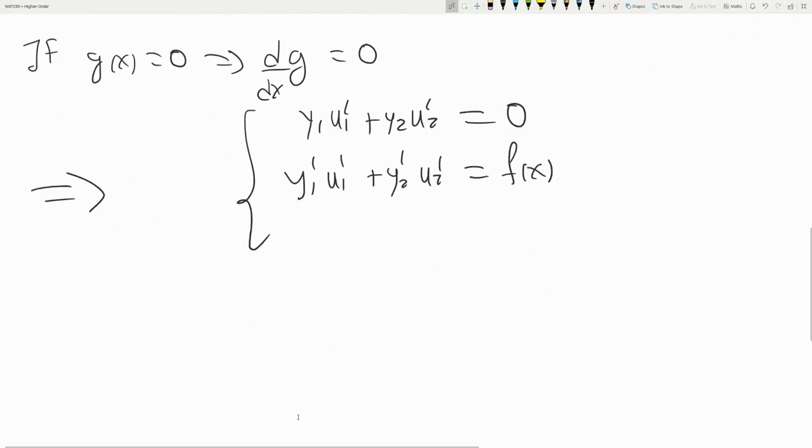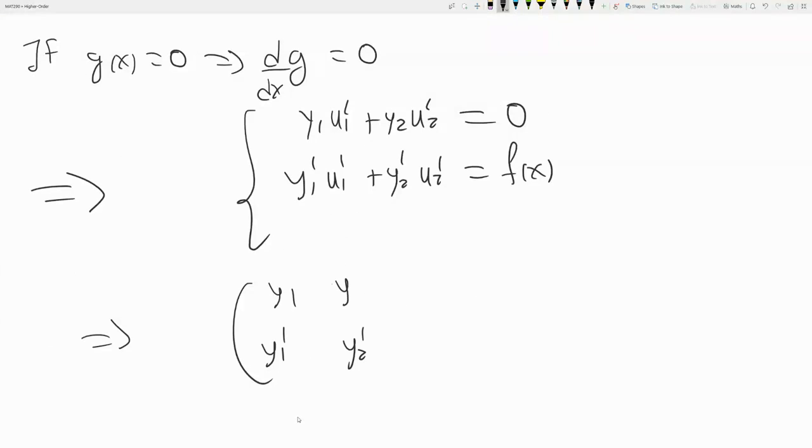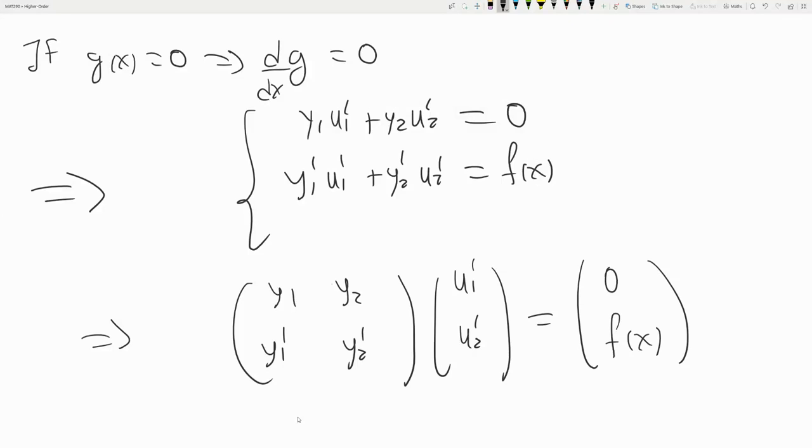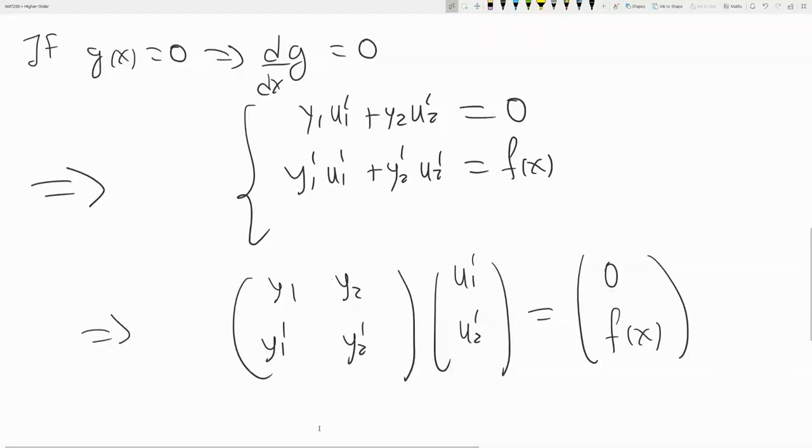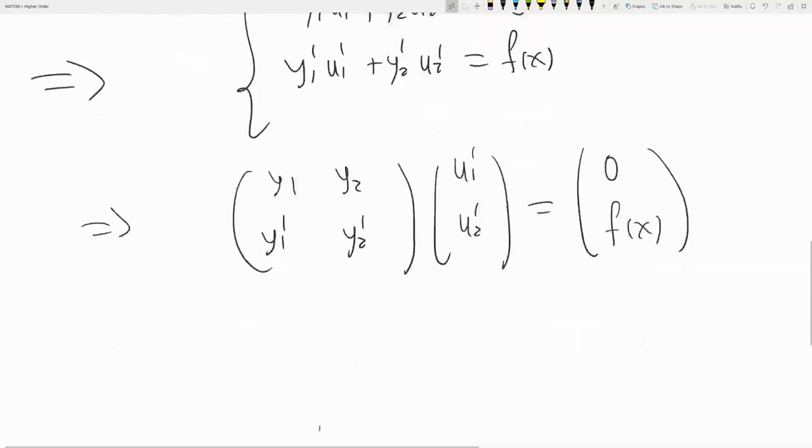All right. This is a system. So we have a matrix times the two unknowns equal to (0, f of x). So this is of the form A u = b, right?